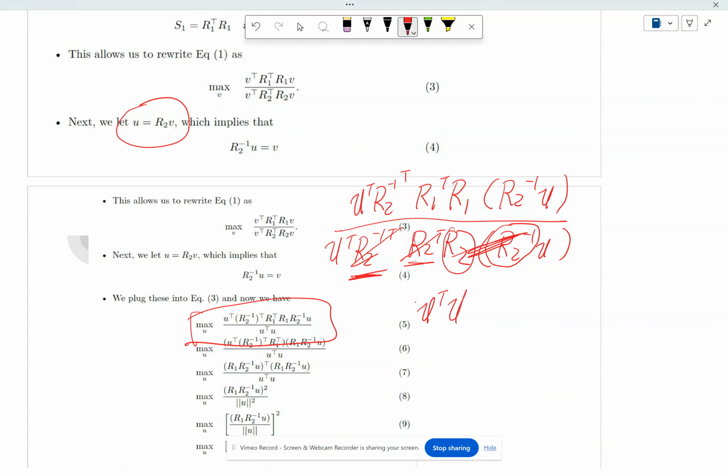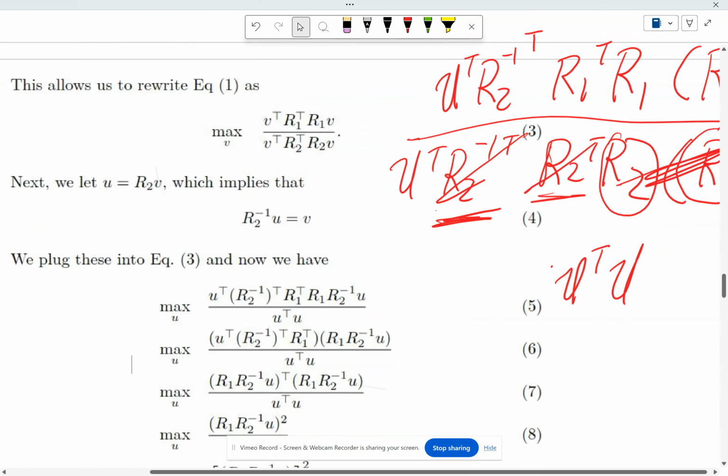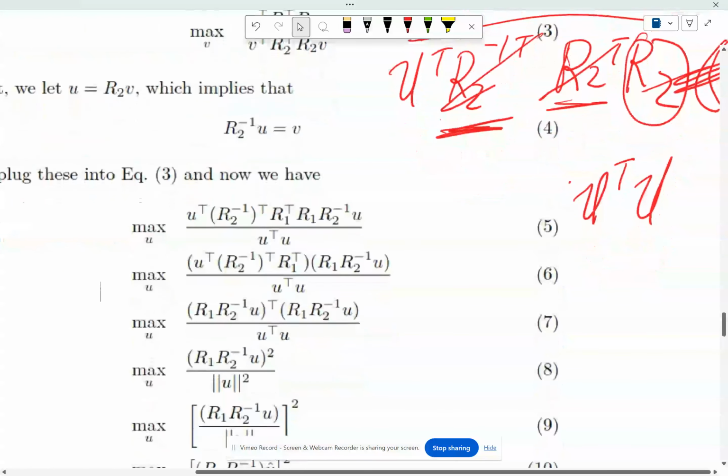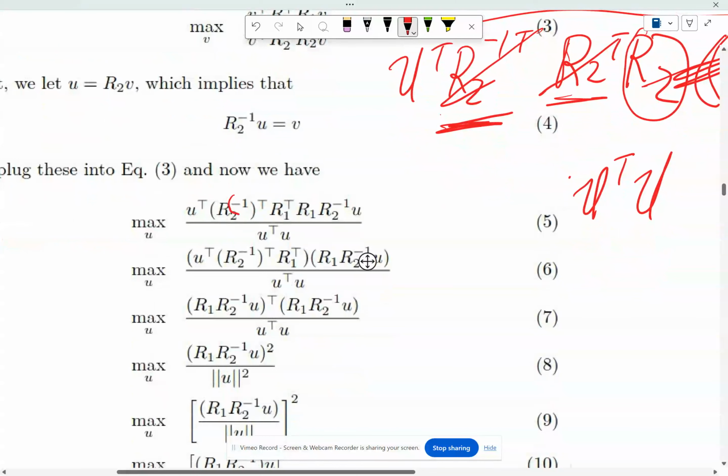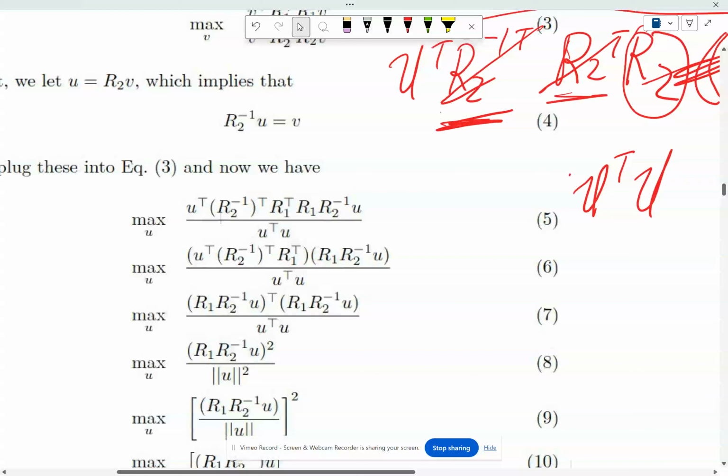Once you have this part here, when you have a transpose of an inverse, you can flip them. That's one of the properties for matrices that I hope you learned in linear algebra. So if you can flip them, is this what I did?